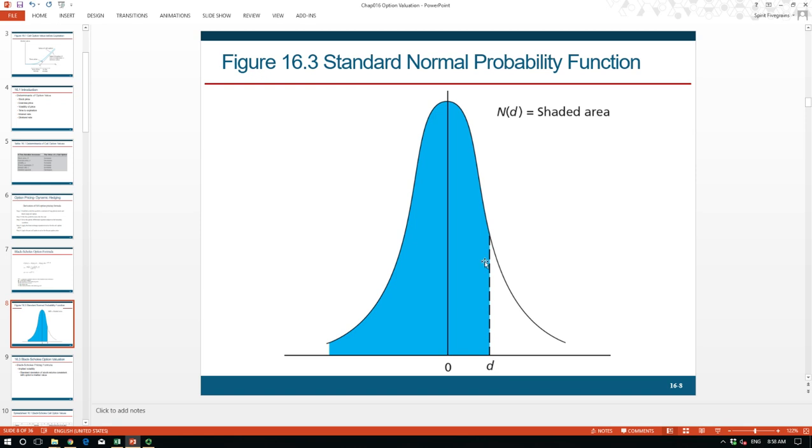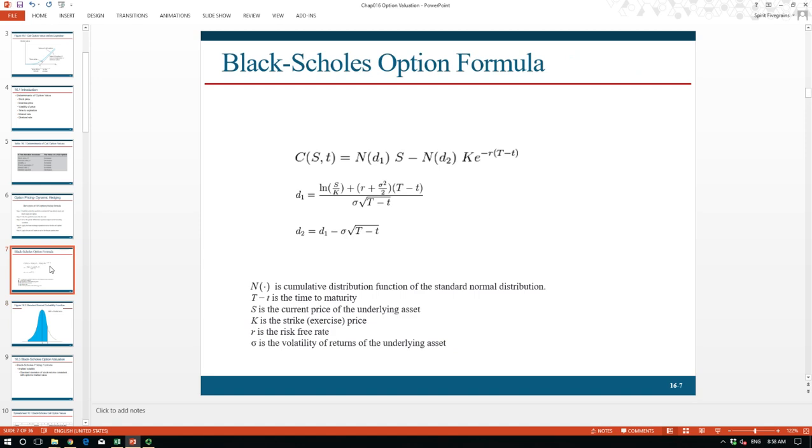N(d1) measures the total area up to the point d, and it's called a cumulative probability distribution. N(d1) and N(d2) are two probability measures that we utilize to estimate the probability that the option will be in the money or out of the money. And actually, we utilize both terms in the option pricing formula.